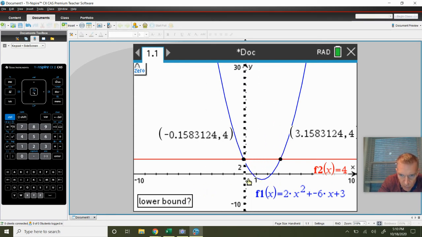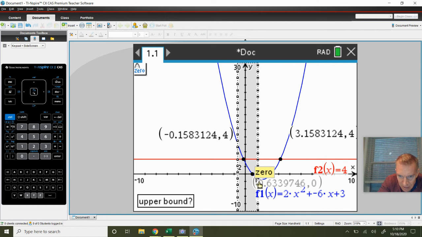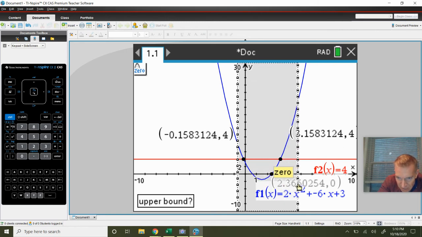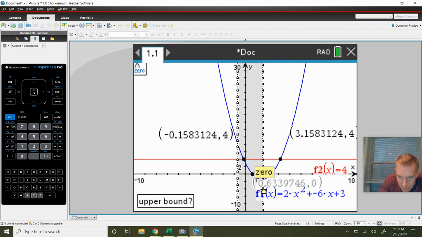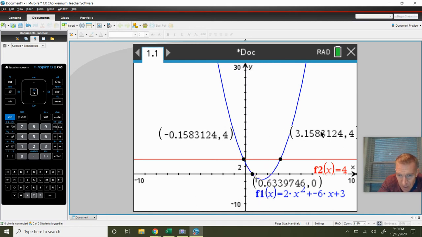It's asking for a lower bound. Somewhere, anywhere to the left of this, that's the 0 we want. Don't put it on the 0, go to the left because they want a lower bound for that. And click on that. And then right there, it's going to find your 0. It only finds 1 at a time. So hit enter. There's our first 0.